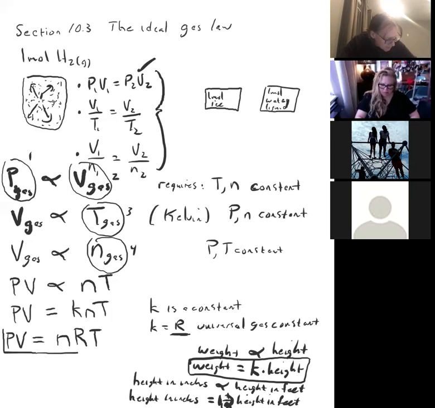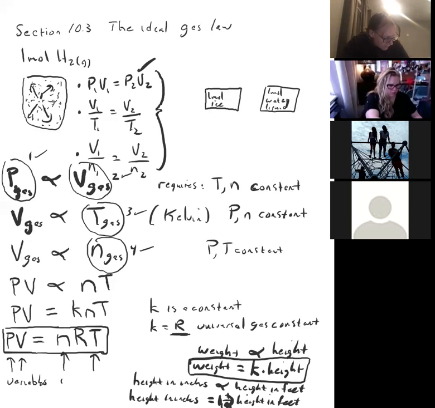And this gives us an equation that relates all 4 of these variables. All 4 of those are called variables. And this one is called a constant.